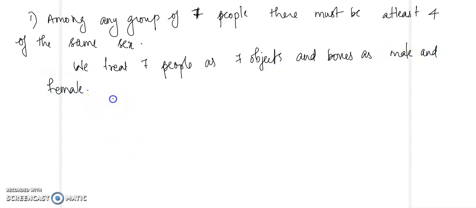Now 7 is the number of objects, and 7 can be written as 2 into 3 plus 1. So here n is equal to 2 and k is equal to 3.